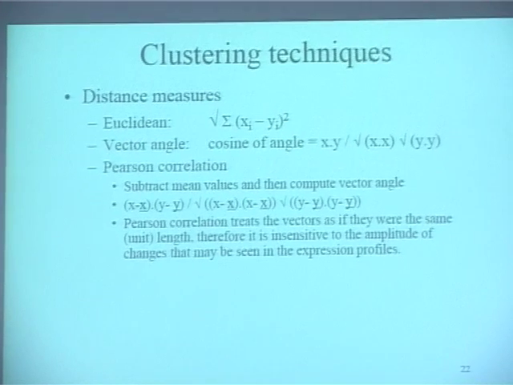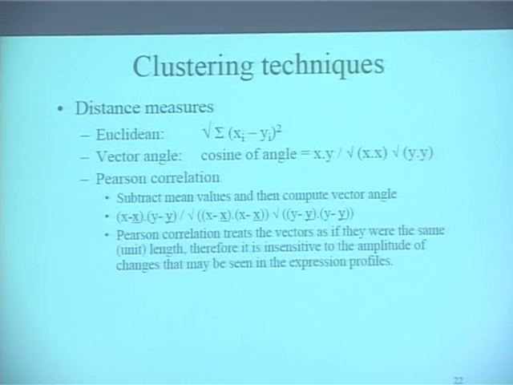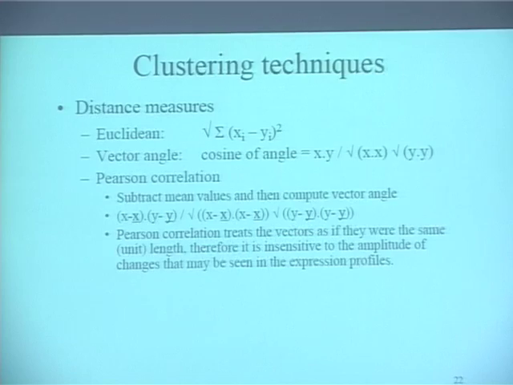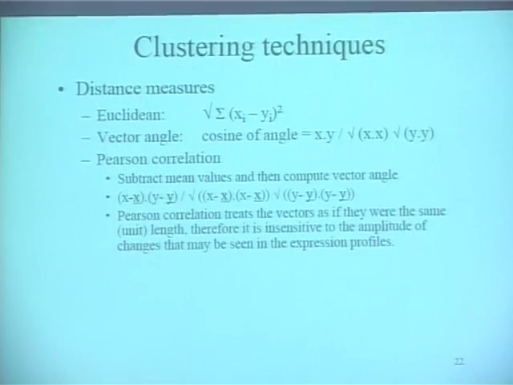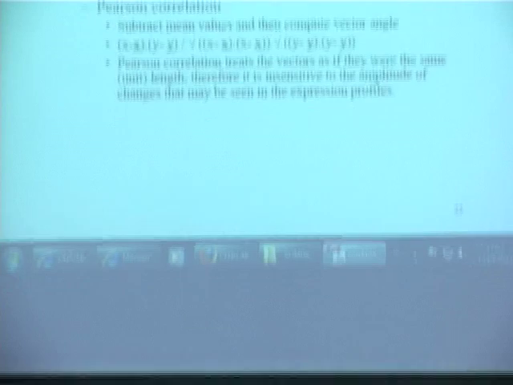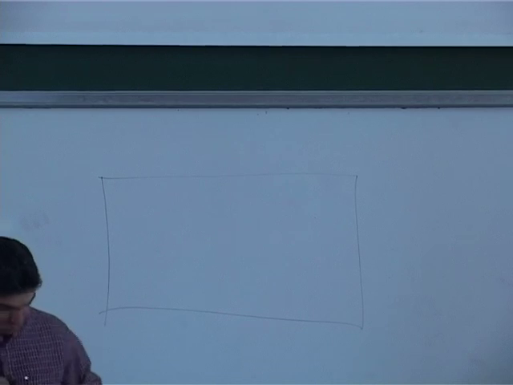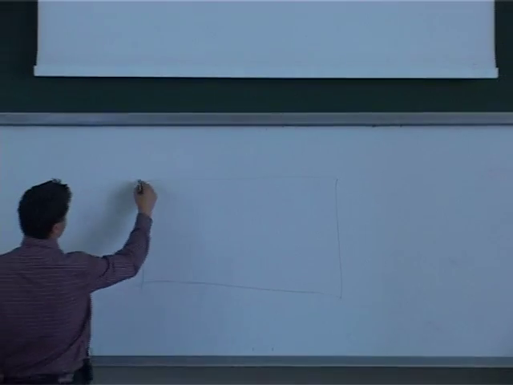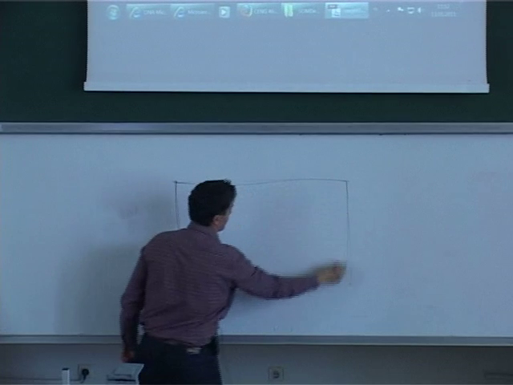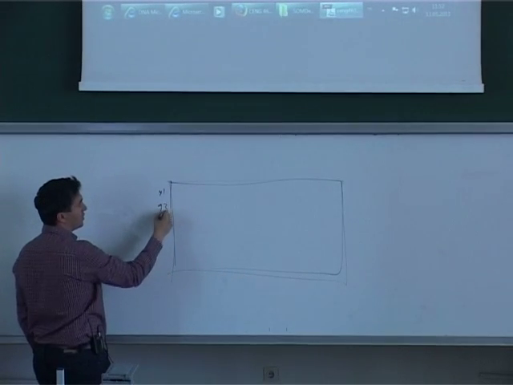What we have here, our data, is a numerical matrix. So our data is a matrix like this. And we have genes, gene 1, gene 2, gene 3.